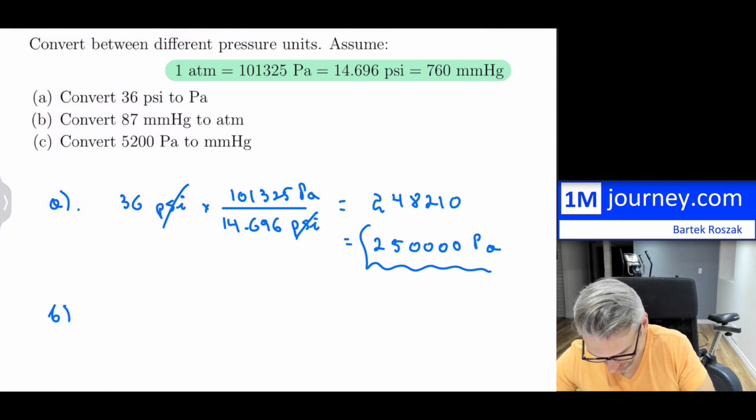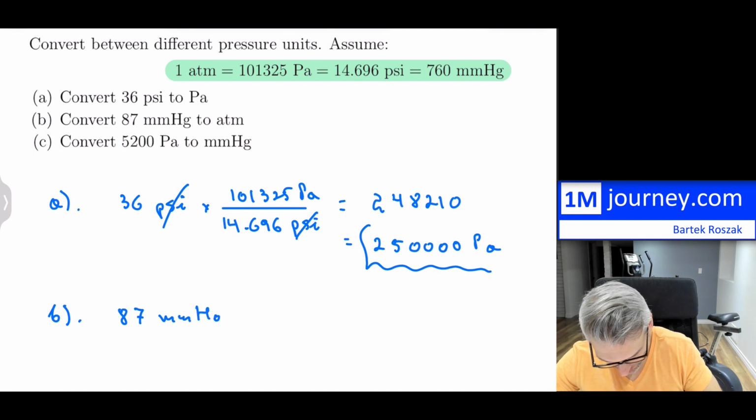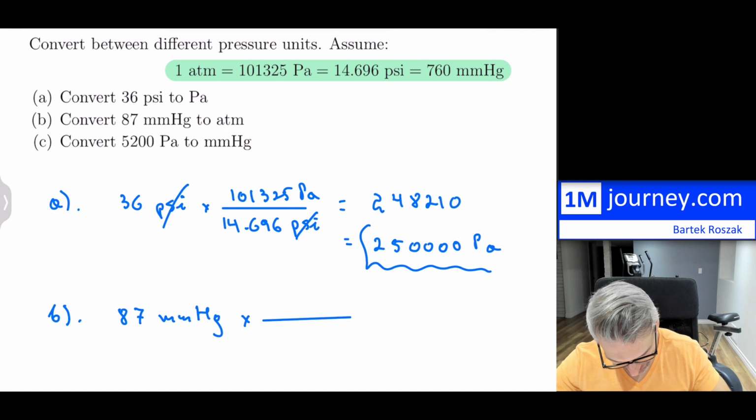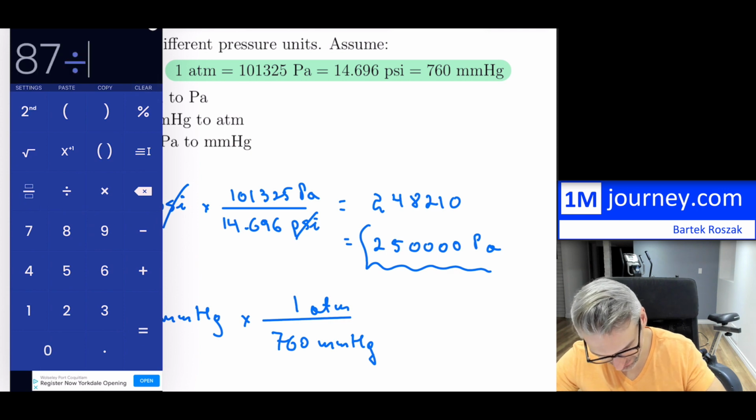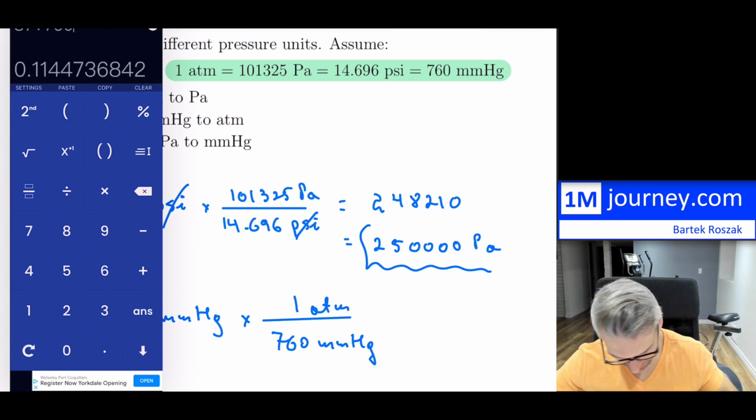The second conversion is 87 millimeters of mercury, and we want to change it to atmospheric pressure. Again, we have all of this given to us, which makes our life a lot simpler. So that's 1 ATM, and this one is 87 divided by 760.